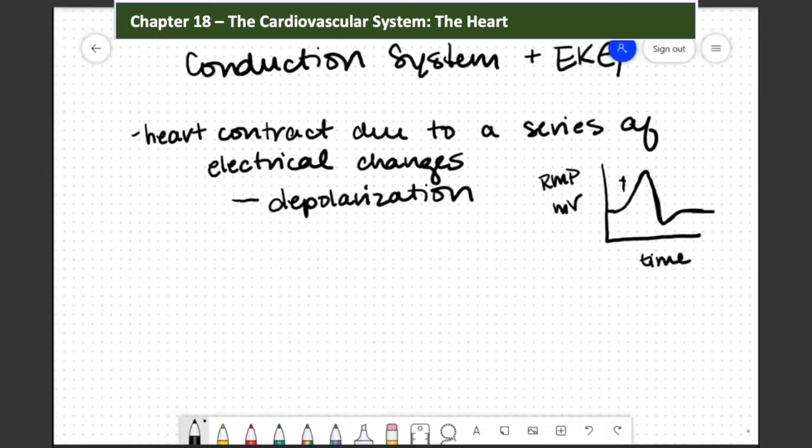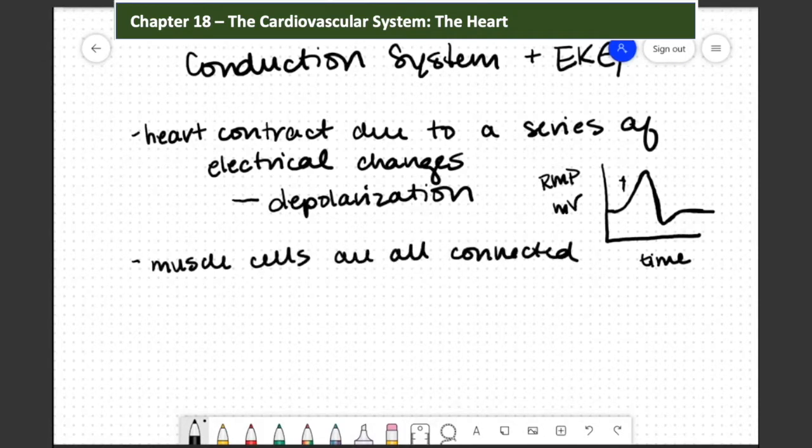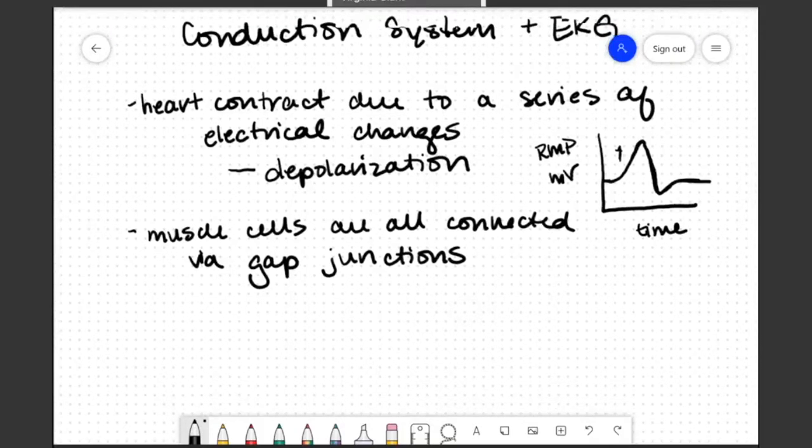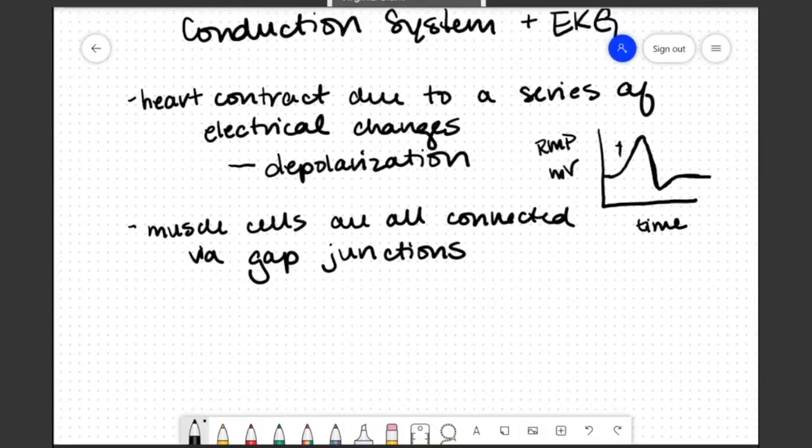So also think back to AMP1 when we were talking about how the muscle cells are connected. So your muscle cells are all connected to each other via gap junctions. So they aren't connected by a desmosome, they aren't connected by being sewn together, they are connected by gap junctions.